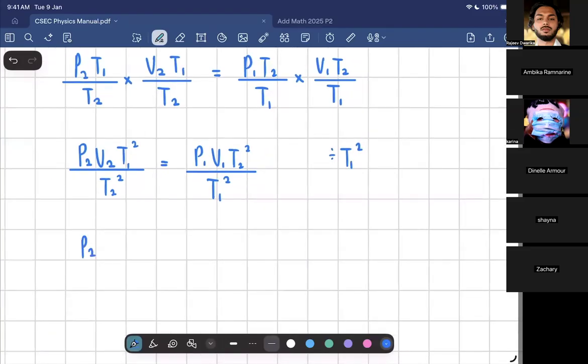And if I do that, I'm going to end up with P2 V2 all over T2 squared, and that'll be equal to P1 V1 and, but that's gonna be troublesome, because now you're gonna end up with T1 to the power 4.